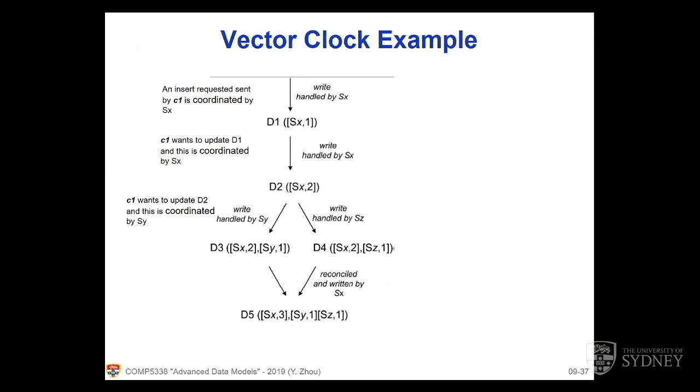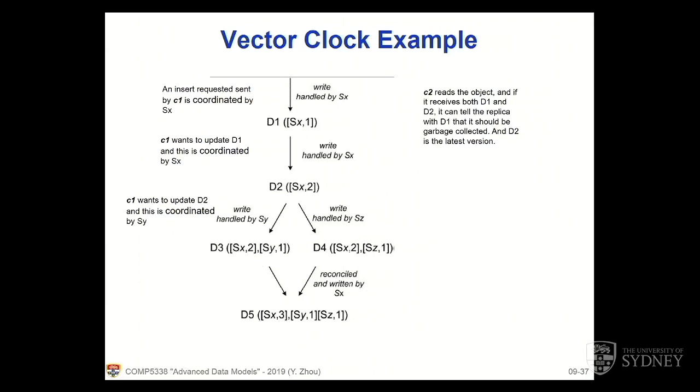Now if C1 wants to update this version and it's coordinated by SY, because SX somehow is not available, it creates D3 by adding an entry for SY.